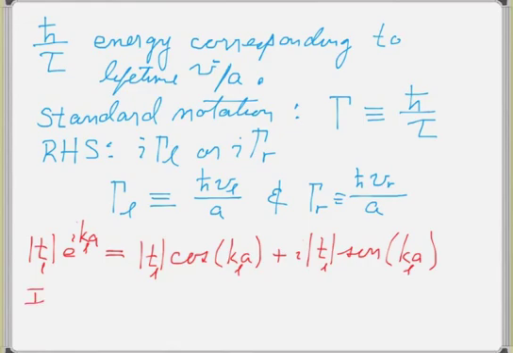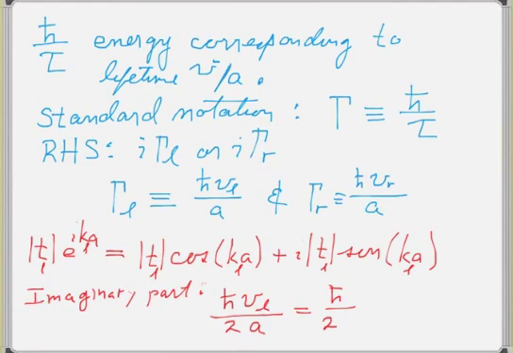The imaginary part is equal to h bar v L over 2a, which is h bar over 2 tau, which is just, to be clear, gamma L over 2.